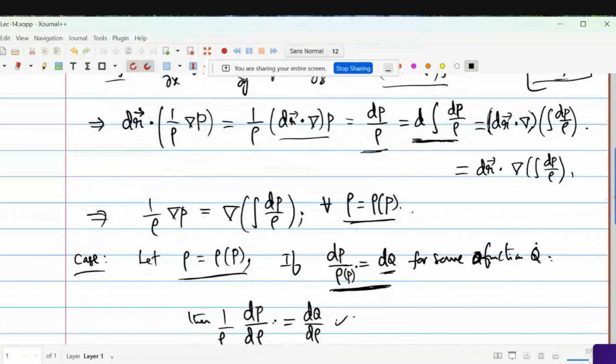If Q itself is this, then the other way also we have that dq is nothing but dp by rho. We have done it both ways, right? That means this is true, and it is valid only like this.